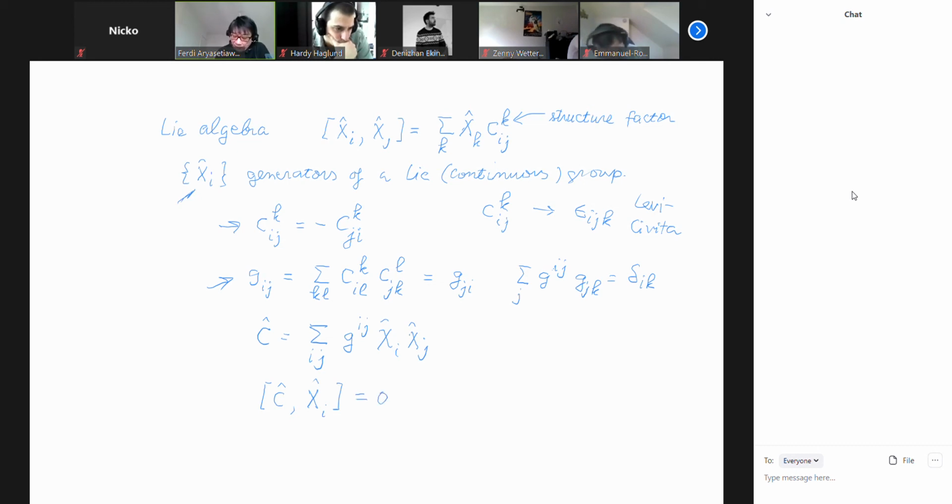So in the example of angular momentum, this C will be just J squared. So it's usually known as the Casimir operator.